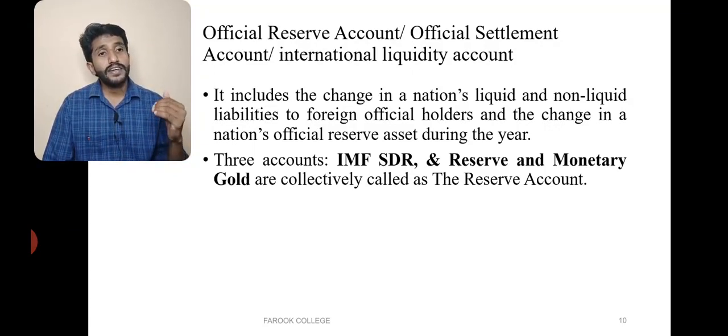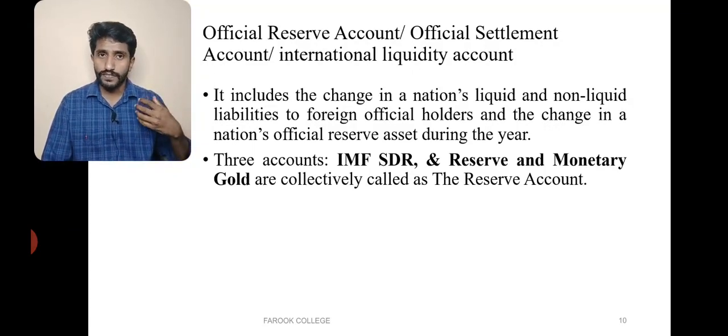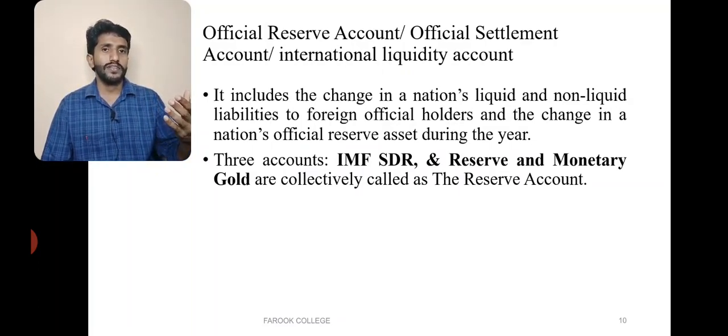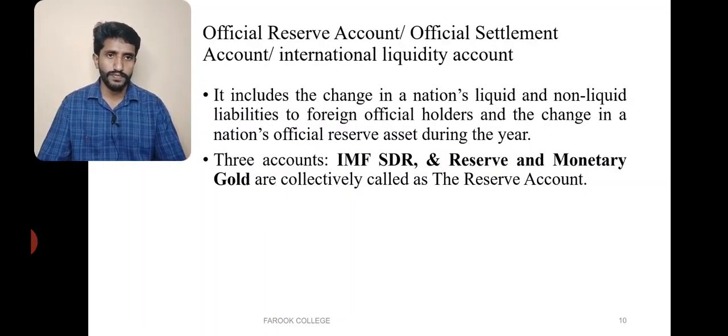There will also be some reserves as dollars or other monetary gold. Each country's apex body or central bank might be having some reserves and gold assets. All this is included in official reserve account.